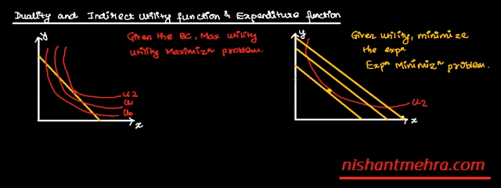And this is called a dual problem. That is, the answers to the utility maximization and the expenditure minimization will be the same under certain conditions.